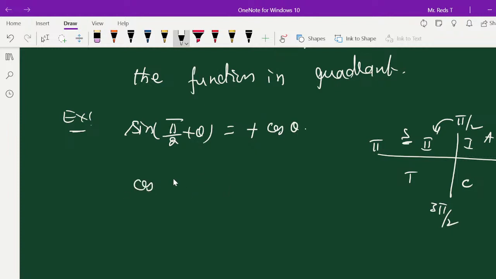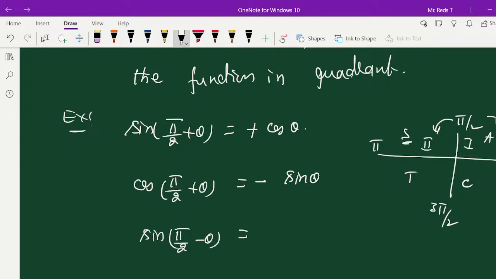Similarly, cos(pi by 2 plus theta) comes in the second quadrant. In the second quadrant sine and cosecant are positive, but cos is negative, so minus, and cos changes to its co-function sine. Got it? Then sine(pi by 2 minus theta) and cos(pi by 2 minus theta).